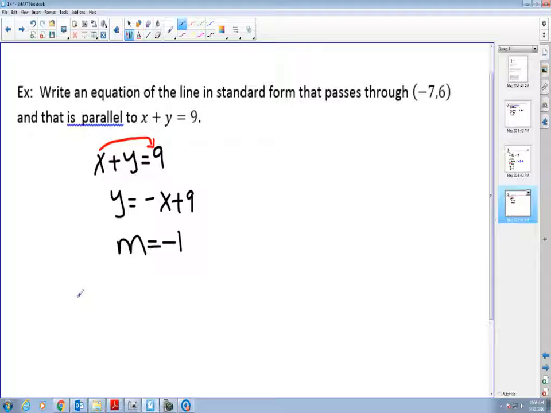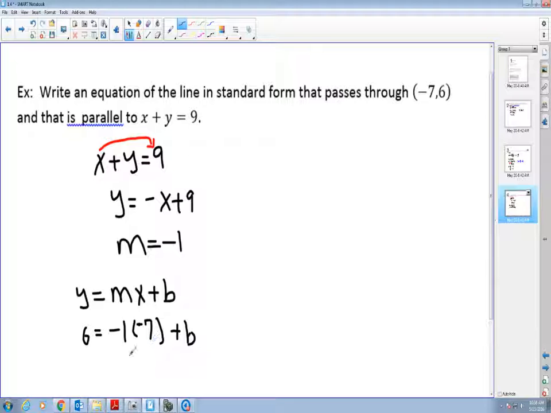Now we can start substituting. So y equals mx plus b. The slope I will use, negative 1. The point, negative 7, 6. So if we substitute, that will be 6 equals negative 1 times negative 7 plus b.